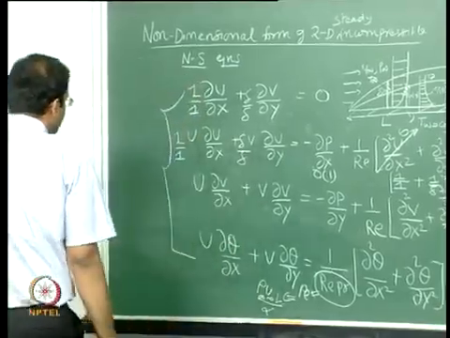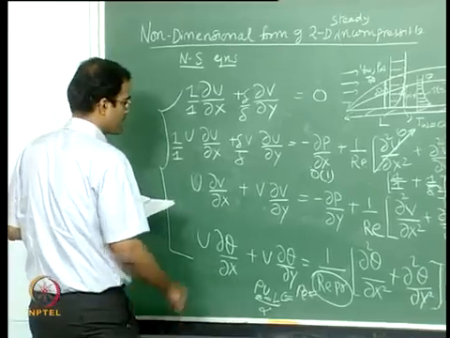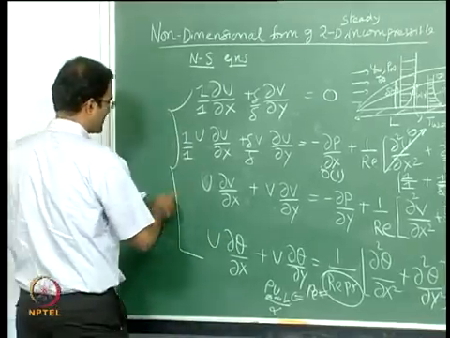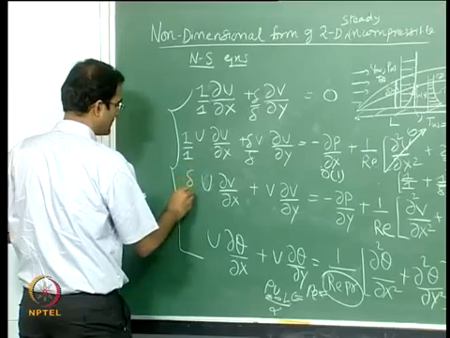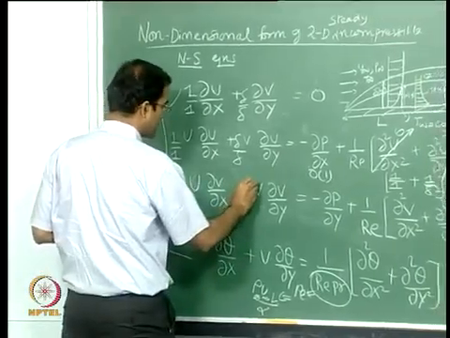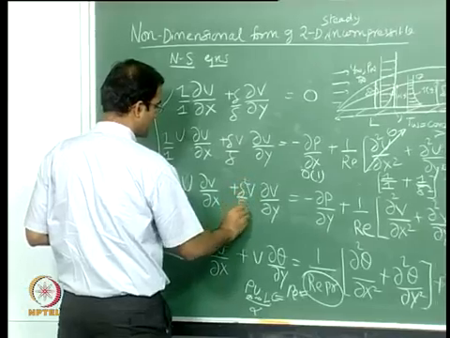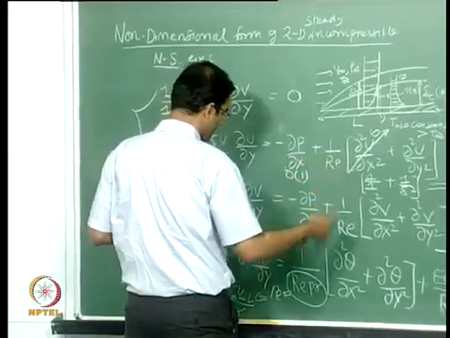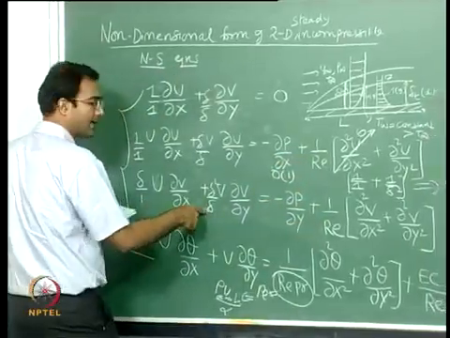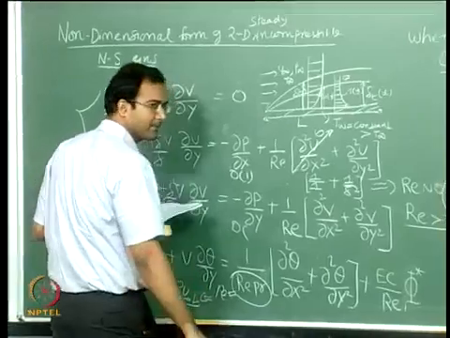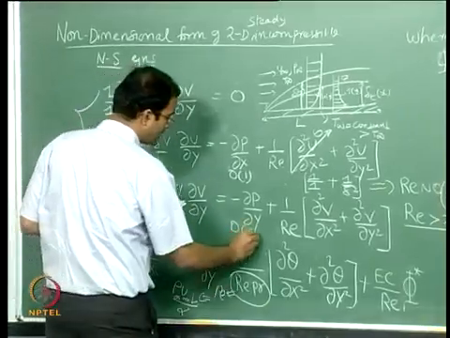Now coming to the second, the y momentum equation. What is the order of this? Delta by 1, and this delta square by delta. So you can see this is of the order delta and delta, therefore this should be of the order delta.